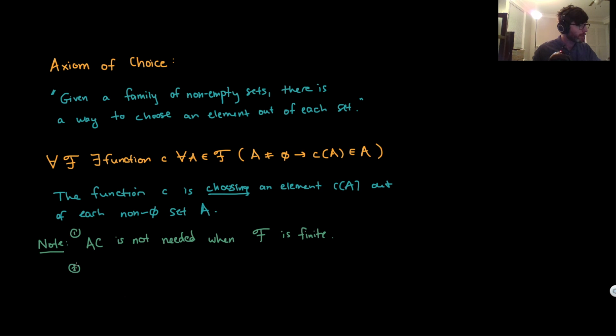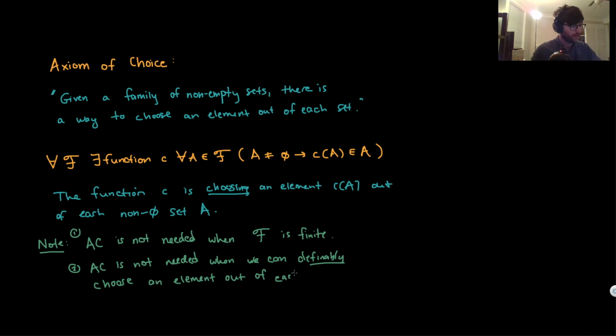And the other thing to keep in mind is that AC is not needed when we can definably choose an element out of each set.